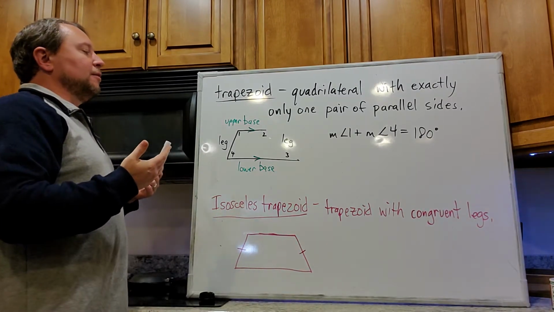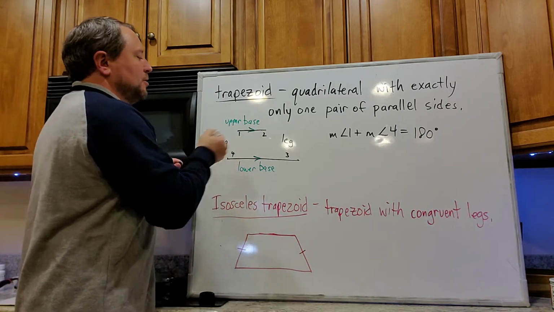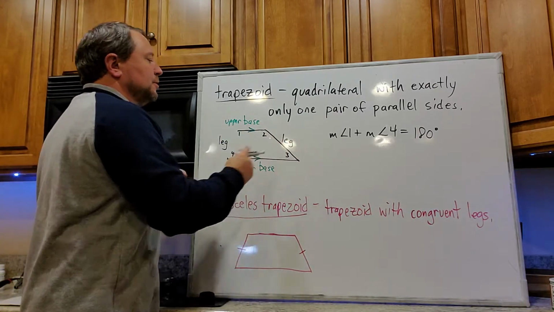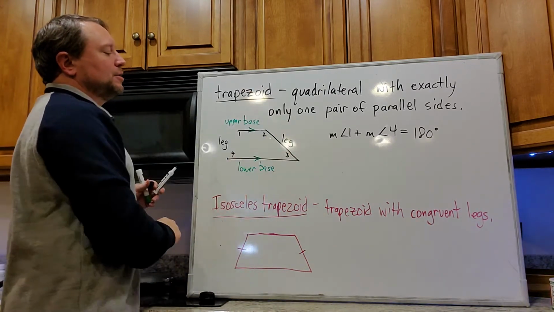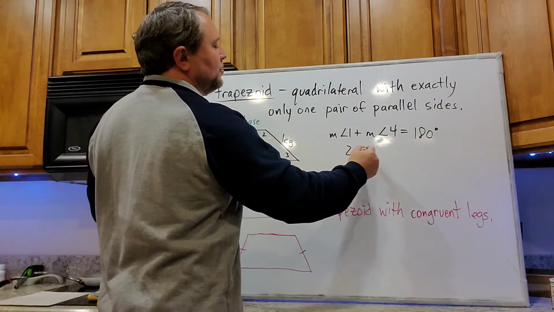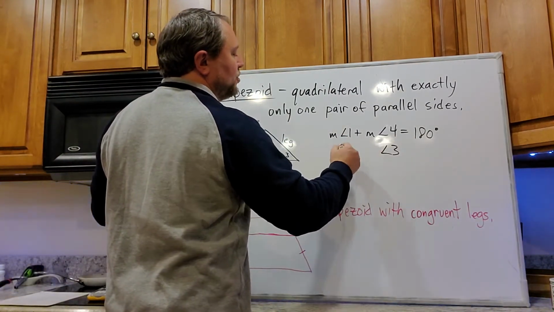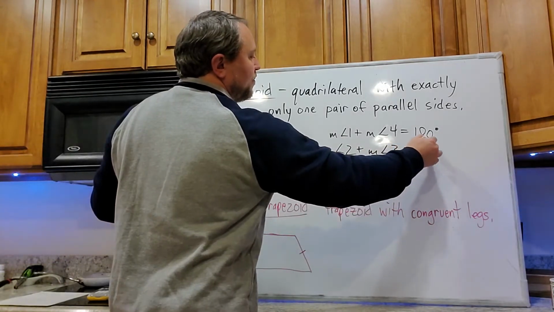Now, if I ignore this leg this time and draw this one back in, you see it happens again. I've got two parallel lines cut by a transversal. So these same side interior angles 2 and 3 also will add up to 180.